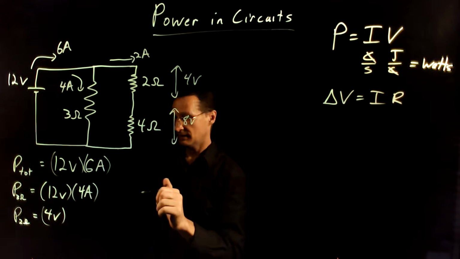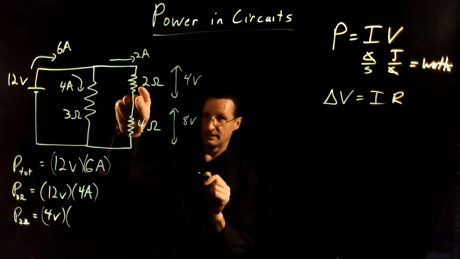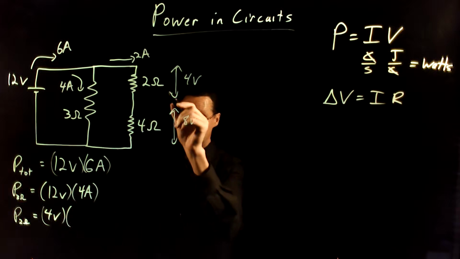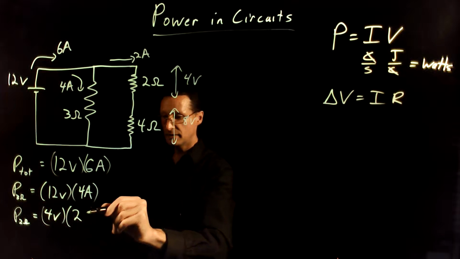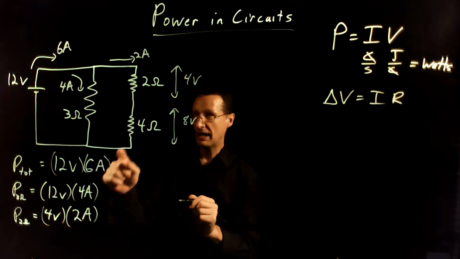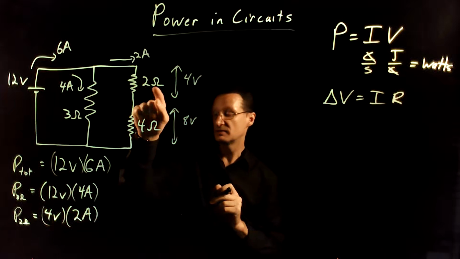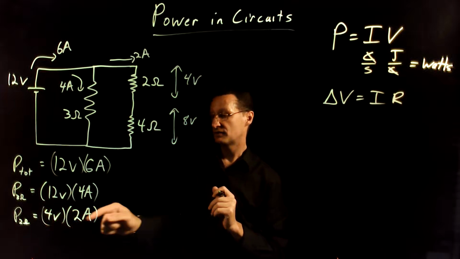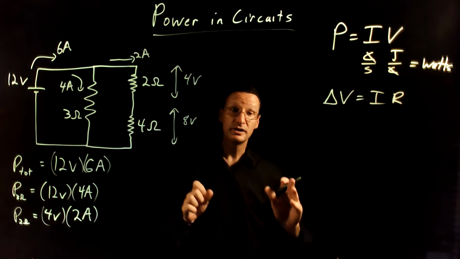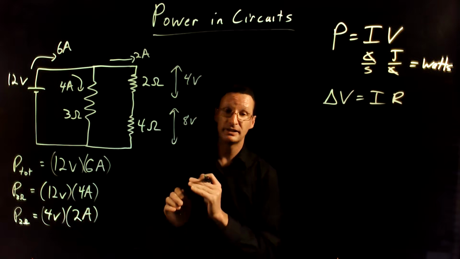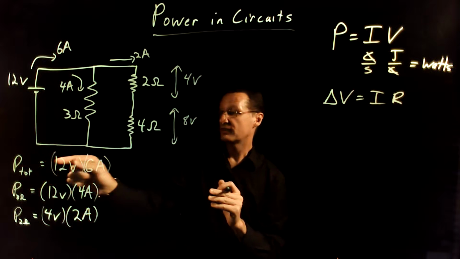And so anyway, the current through that 2 ohm resistor is 2 amps, and so the power dissipated by just this resistor alone will be 4 volts times the 2 amps. So you can do this per circuit element, or you can do it overall for the entire battery.